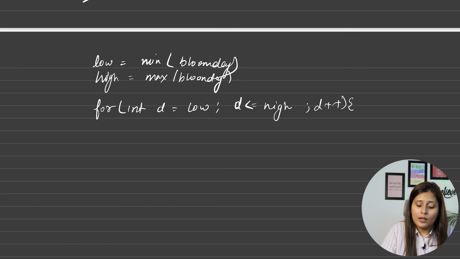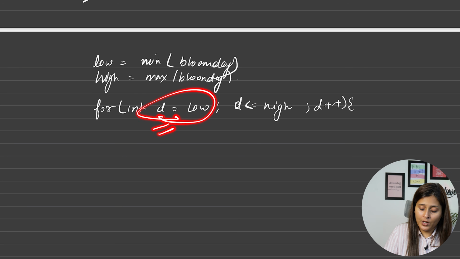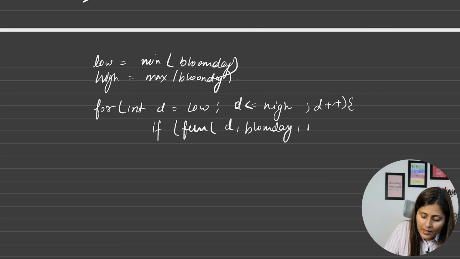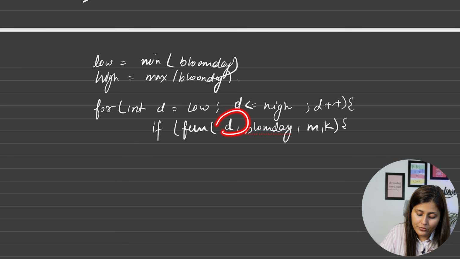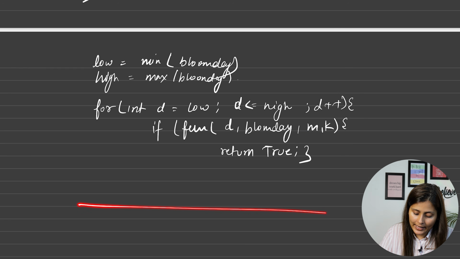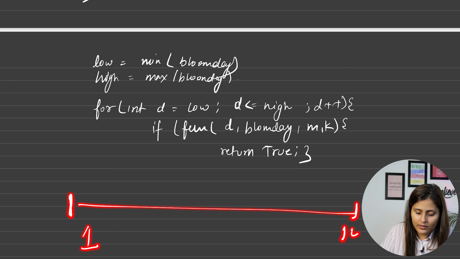Correct? Now as you are running from the lowest value, you would like to try with every d. So what you would like to try is to call the function with d days, bloomDay array, m and k, correct? And if with this day it was possible, that will be our minimum value, then return true. Why I said this? See, on the number line, suppose from the first day you are trying till the 10th day.